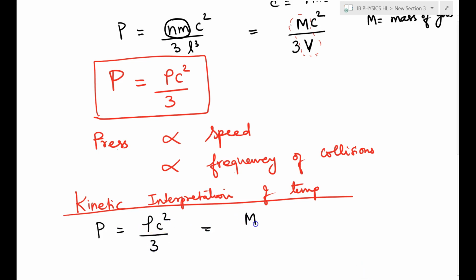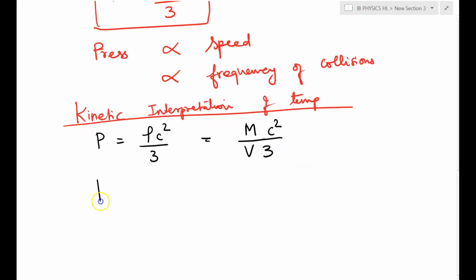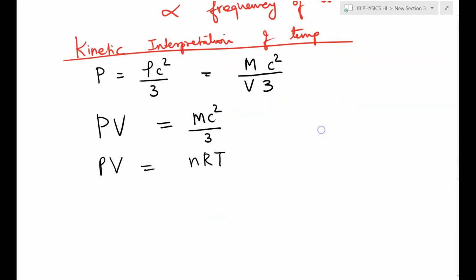Expanding rho again as mass divided by volume, we get mc squared divided by 3V. Multiplying both sides by V, we get PV equals mc squared divided by 3. However, we also know from gas laws that PV is equal to nRT. So if the left hand sides are equal, can we equate the right hand sides? So we can say mc squared divided by 3 equals nRT.